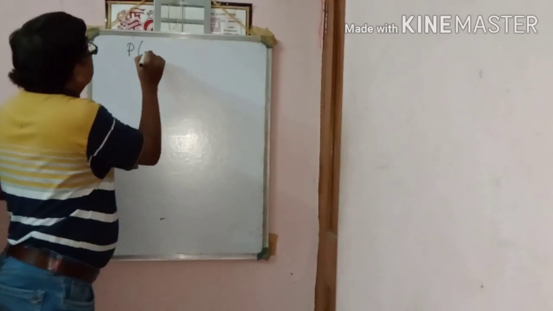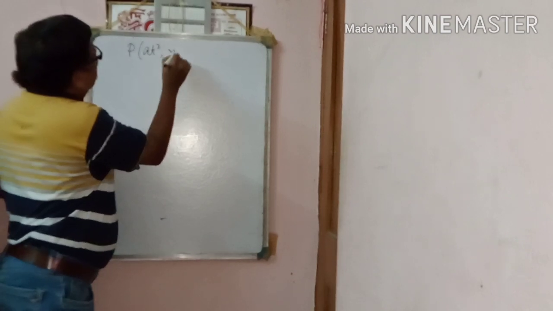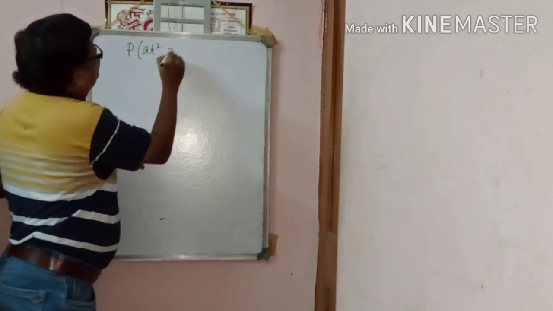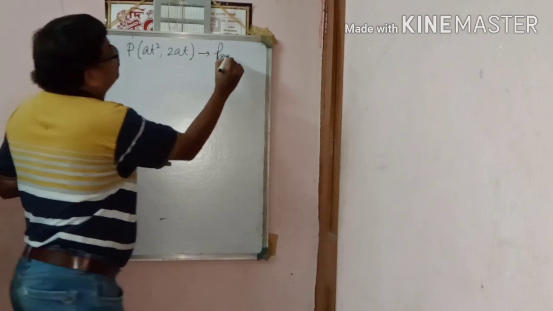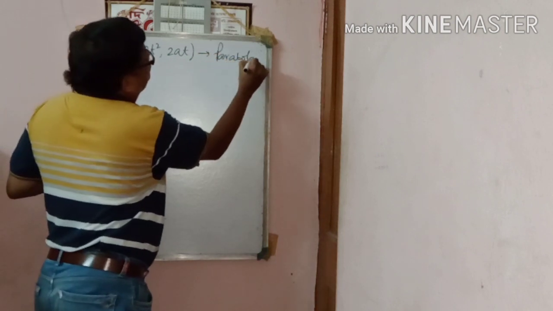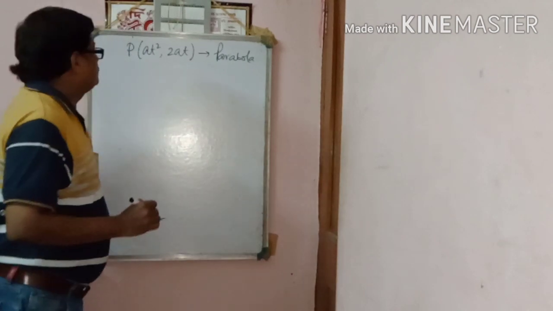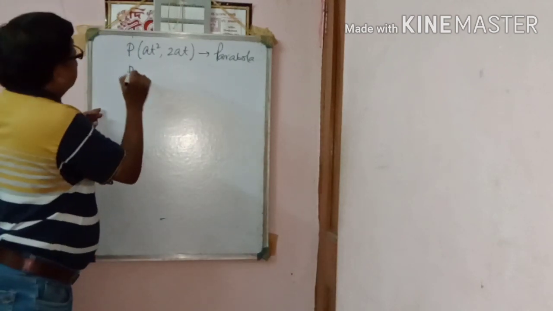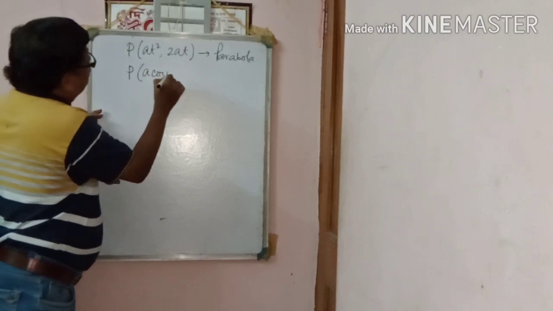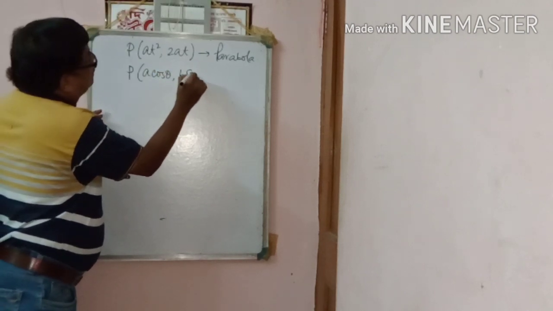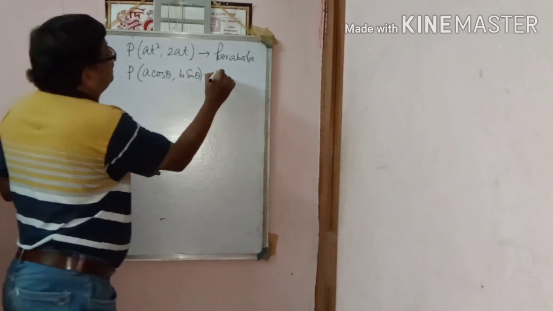Suppose P is the point a t square, 2 a t. This is the parametric form of parabola. Keep in mind, parabola. And P of a cos theta, b sin theta will be ellipse.